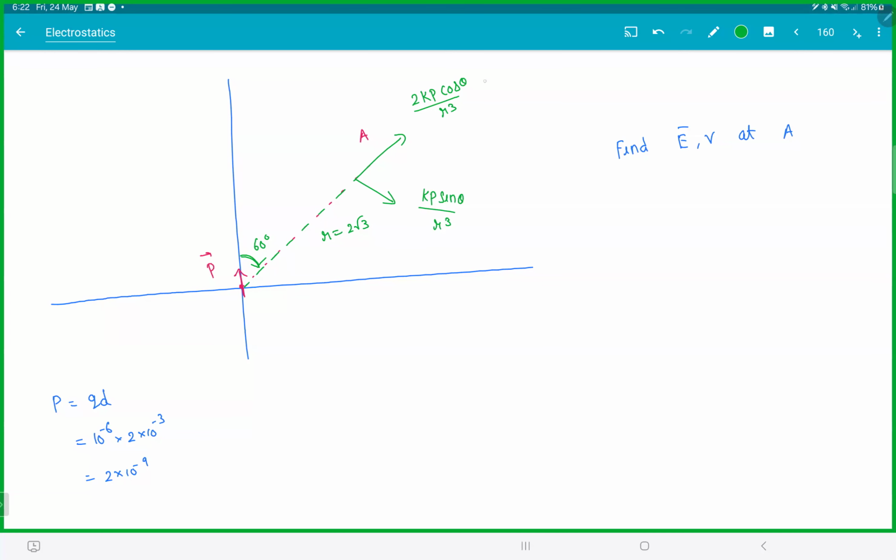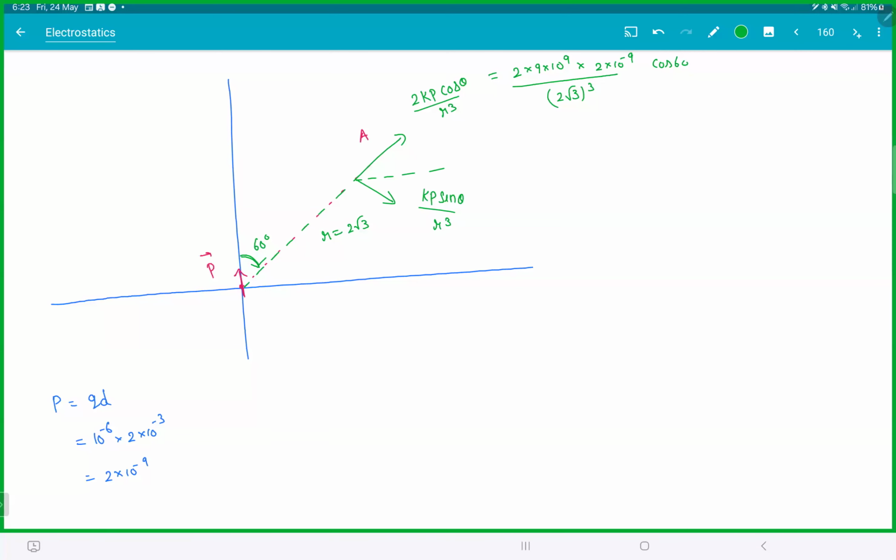Correct? And cos 60 is this. So this is 2 into 9 into 10 power 9, P is 2 into 10 power minus 9, and r cube you can calculate. That's 2 root 3 whole cube. And that's cos 60. There, you'll get the values like this. Then you can resolve them into I cap, J cap again and finish it off.